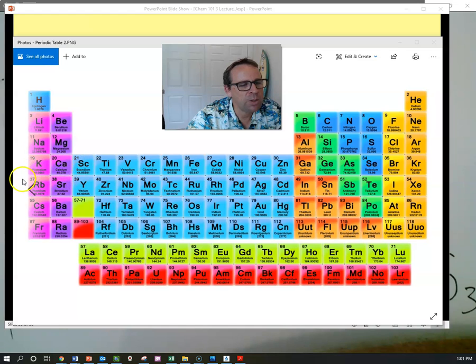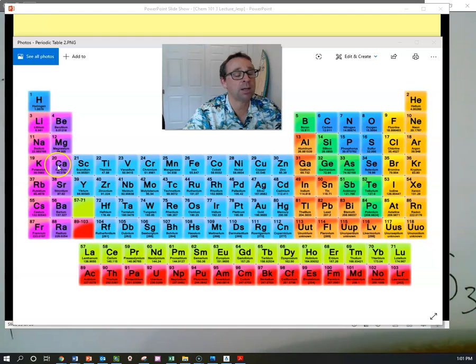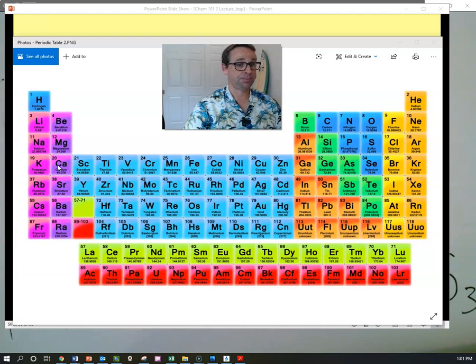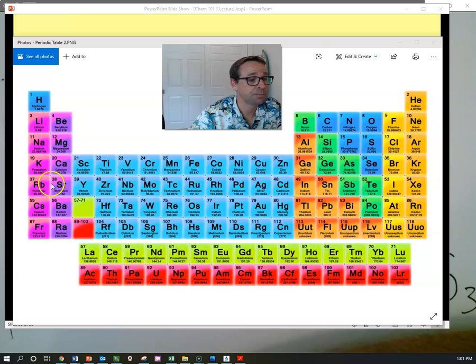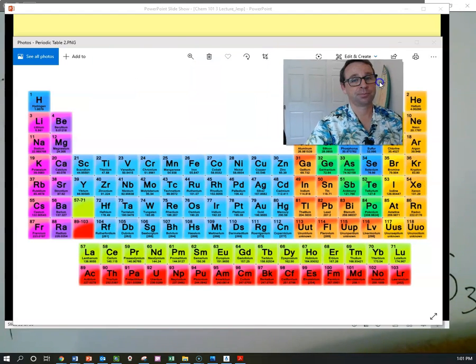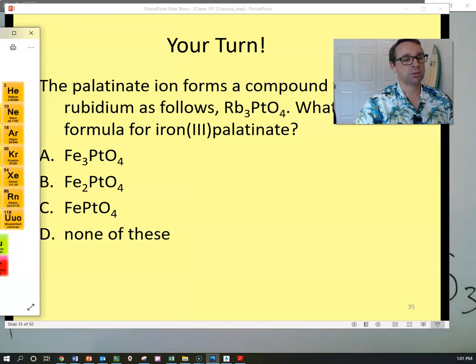Okay. What kind of a charge does rubidium want to form when it forms an ionic compound? It wants to give up one electron. And what kind of an ion is that going to result in? That would give it a positive charge. Positive one.